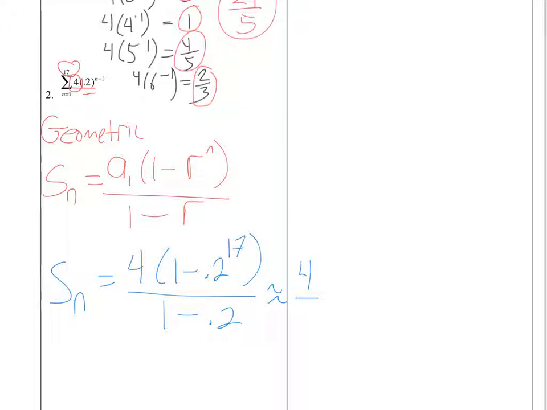It's almost as though we're infinite. And we'd be dividing that by 0.8. 4 divided by 0.8 should be something slightly larger, which is going to be 5. As an alternative, if you want to leave it in this form, this would be totally acceptable.